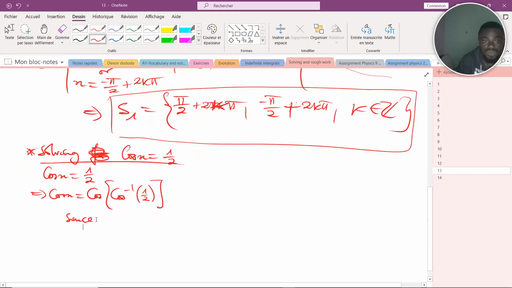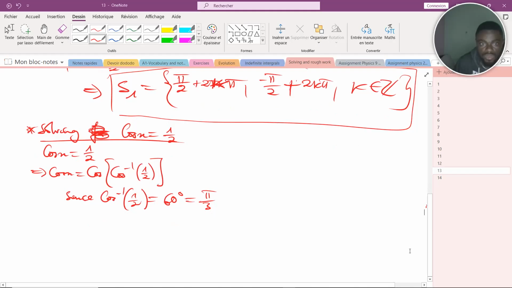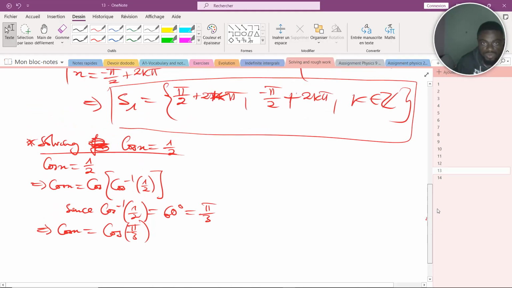You can check with your calculator: cos inverse of a half is equal to 60 degrees, which is equal to pi on 3. It implies cos x will be equal to cos of pi on 3, where I replaced cos inverse of a half by pi on 3. Is that okay? Perfect.